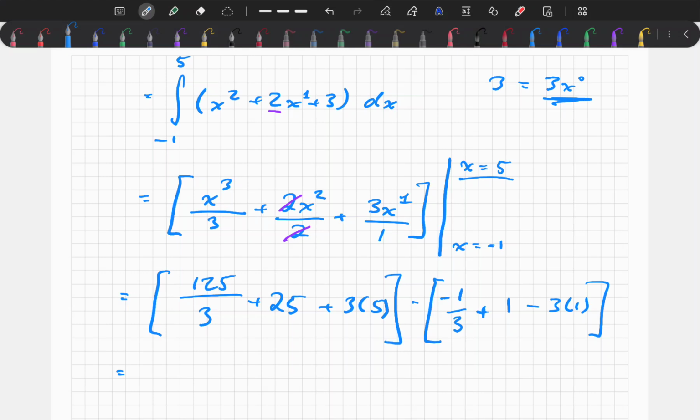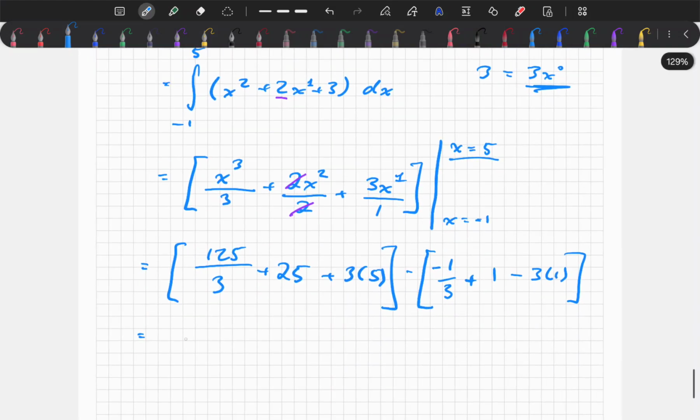So we're going to write all of our numbers in the first set of brackets with the denominator of 3. This will give us 125 plus 75 plus 15 times 3, which is 45. All right, so this will all be over 3.